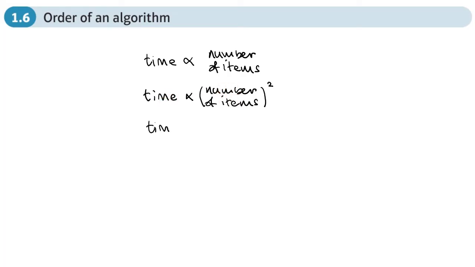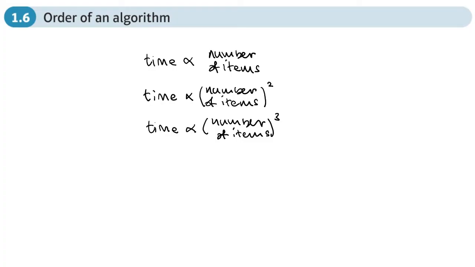Or it could even be cubic or quartic. We'll just finish at cubic here. So the number of items cubed will give you the time taken. So it's not always a linear relationship. So for example, if the number of items was doubled, it would take 8 times as long to complete the algorithm.